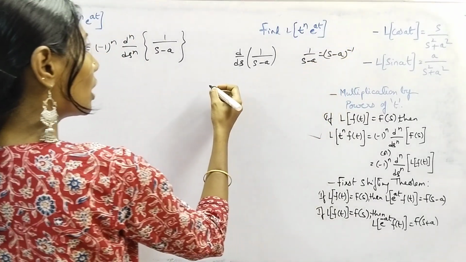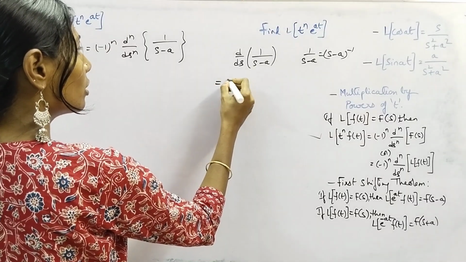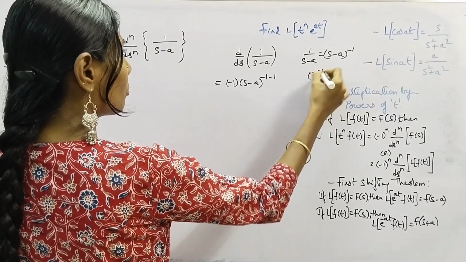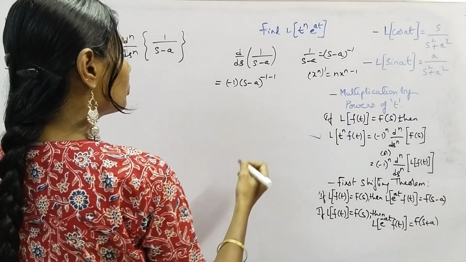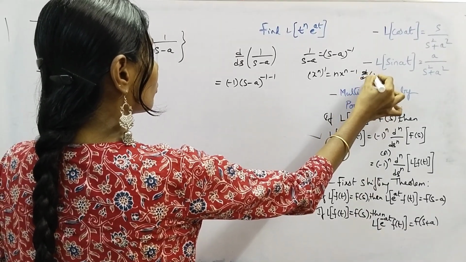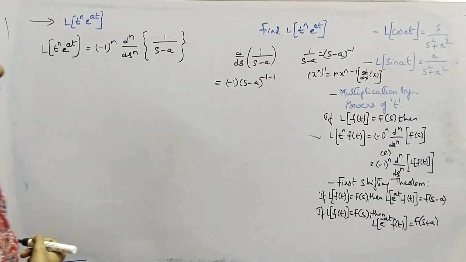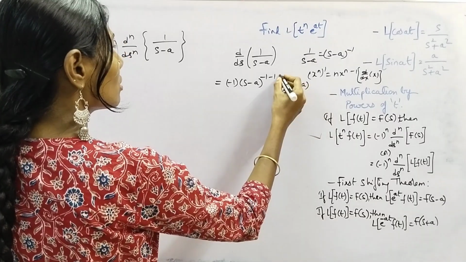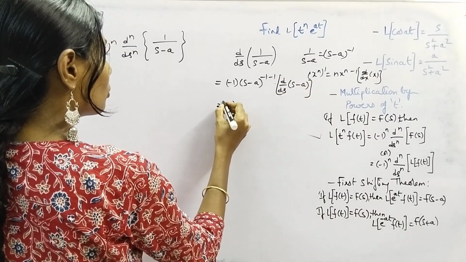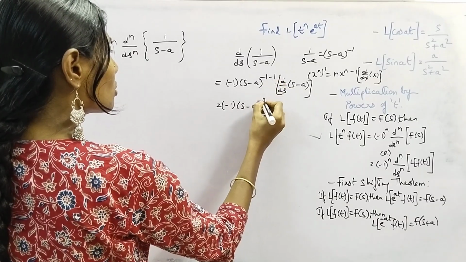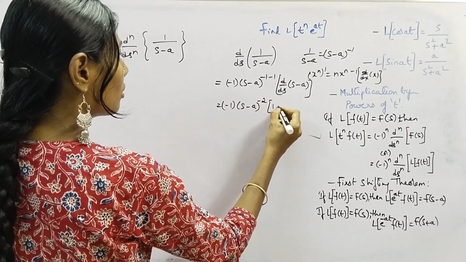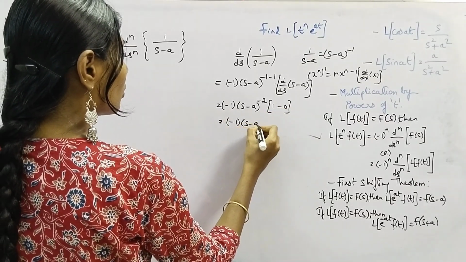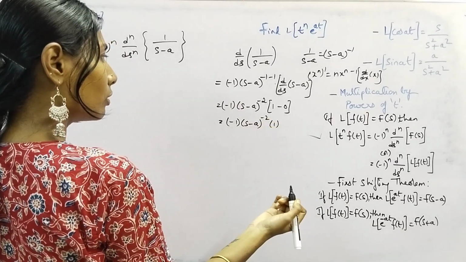The derivative of s minus a power minus 1 is minus 1 into s minus a power minus 2 into the inner derivative d by ds of s minus a. The derivative of s with respect to s is 1, and the derivative of a is 0, so 1 minus 0 is 1.